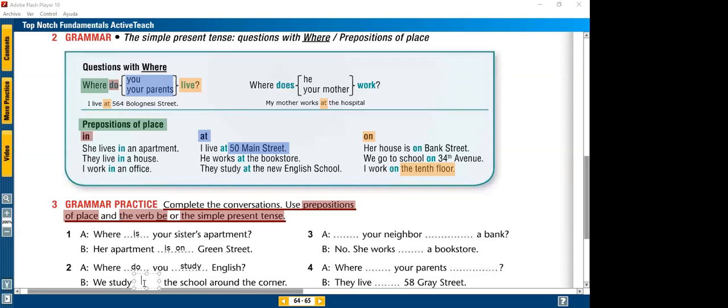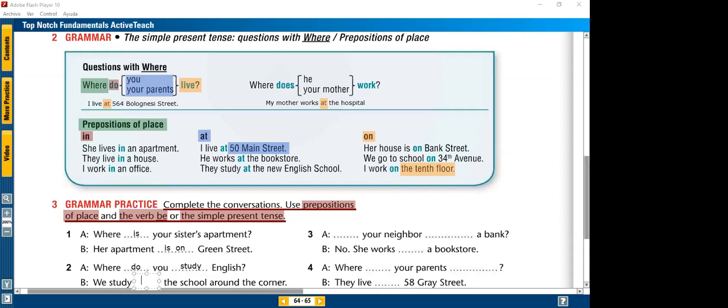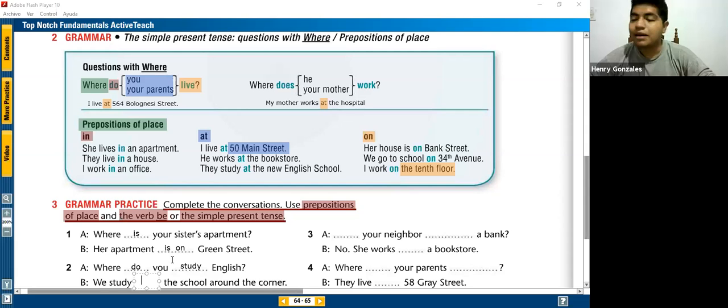No, actually, it's not on. It's at. Tell me, Juan. We study at the school around the corner. Yes, we study at the school around the corner. It's a public place, ¿no?